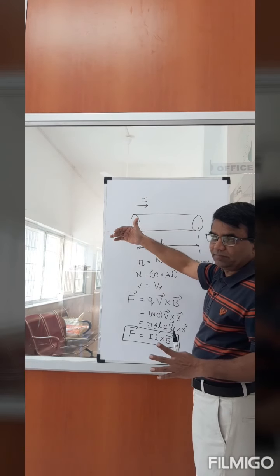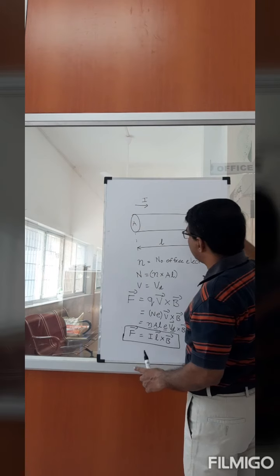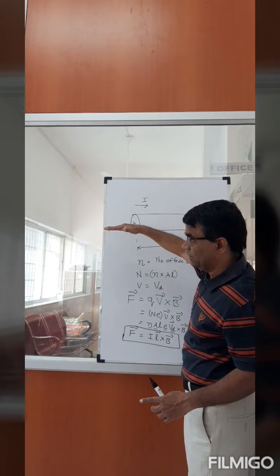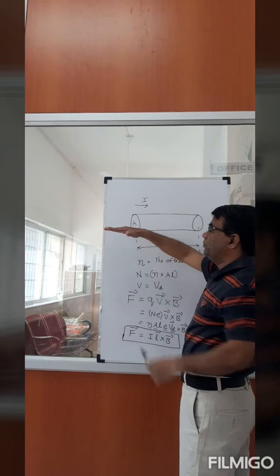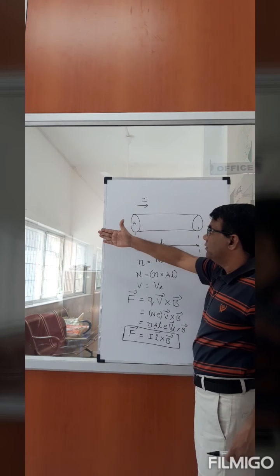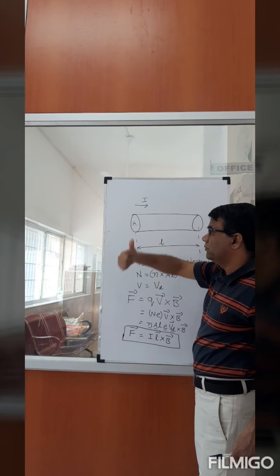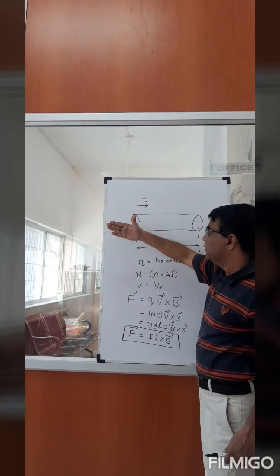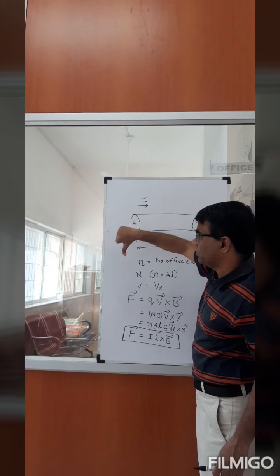Understand this clearly. Current is in this direction, which means electrons are moving in this direction. So V is in this direction. Let's say B is in this direction. B goes through the board. So V cross B is down.